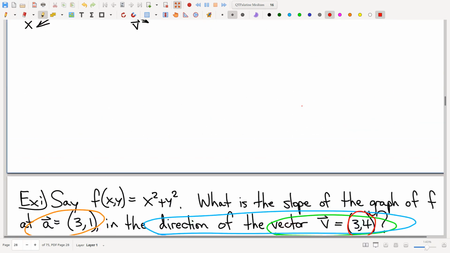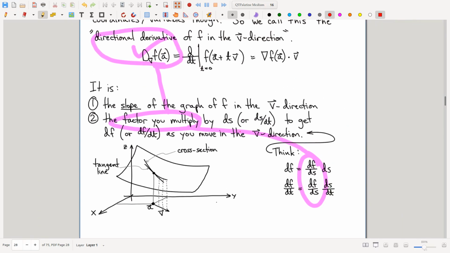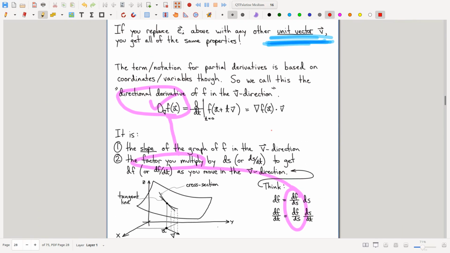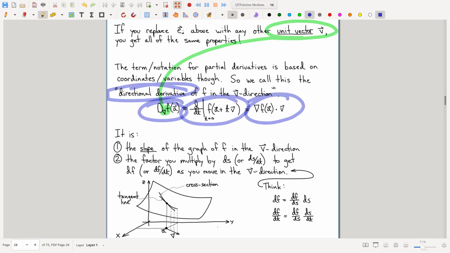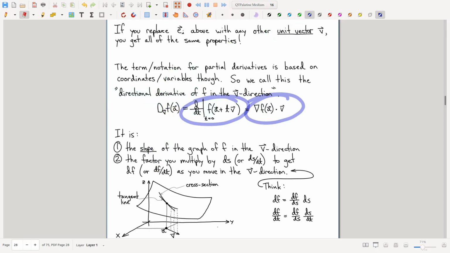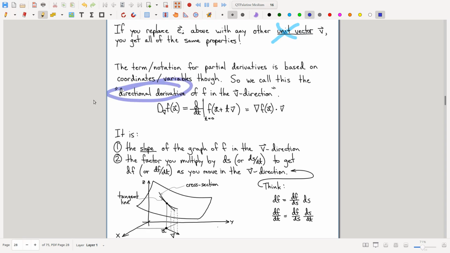So let me go back to this page. If you have the unit vector requirement, then the directional derivative, denoted like so, is defined with that formula, computed with that expression, and it's a slope and it's a factor. But if you remove that requirement, if you say any vector, I can still call that a directional derivative.